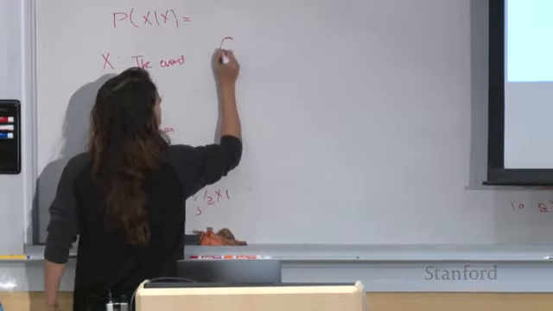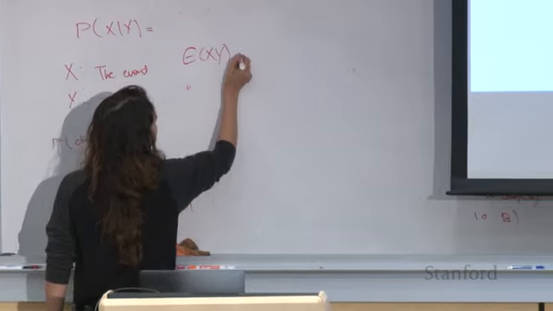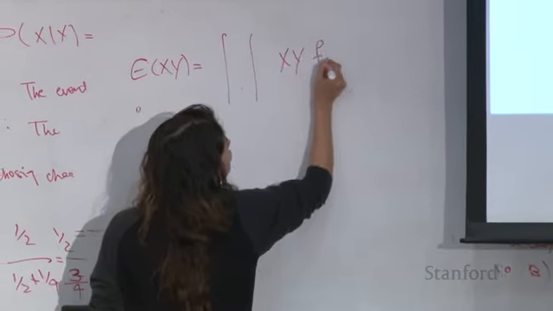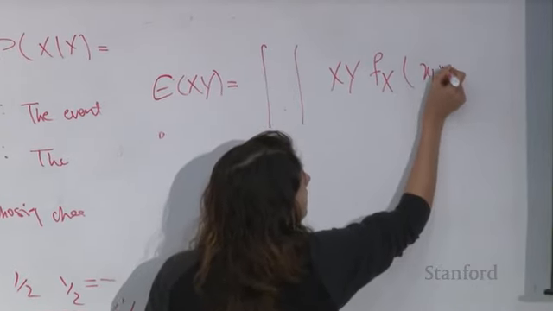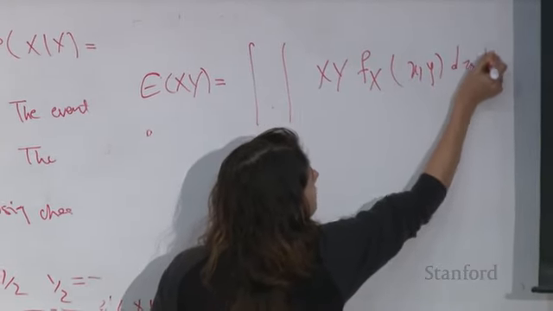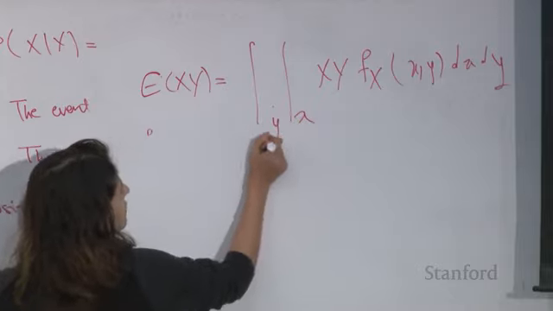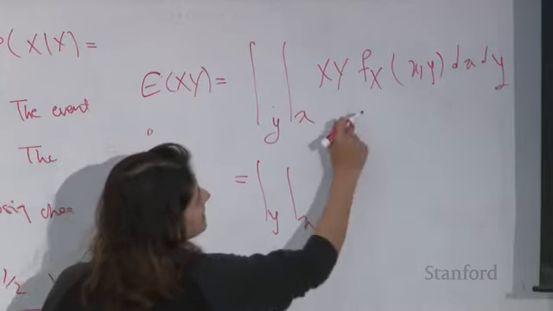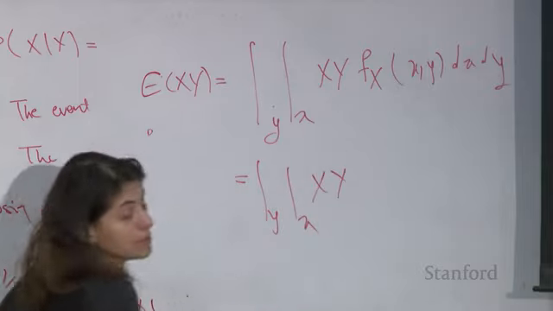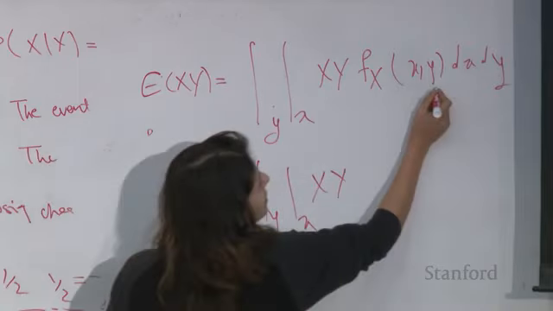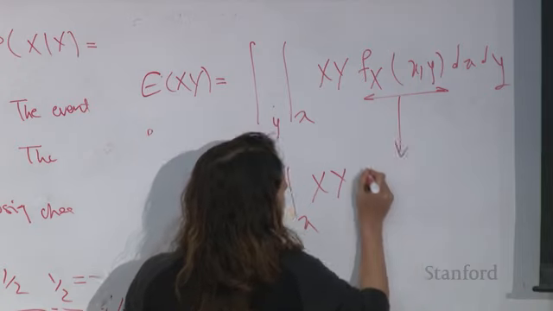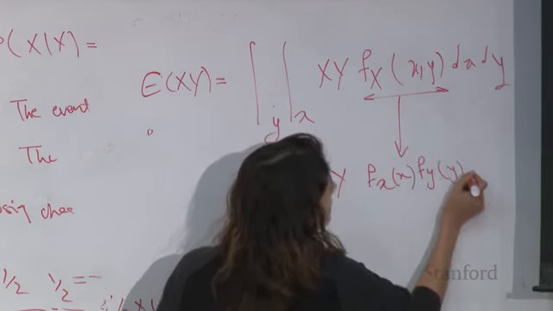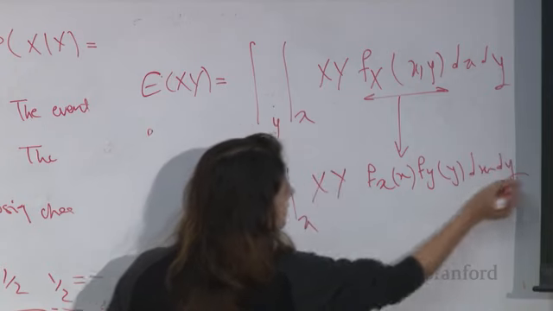So the expectation of XY equals the integral of xy times the joint probability of x and y, dx dy, over x and over y, right? But since x and y are two independent random variables, this can be reduced to f of x times f of y, dx dy.